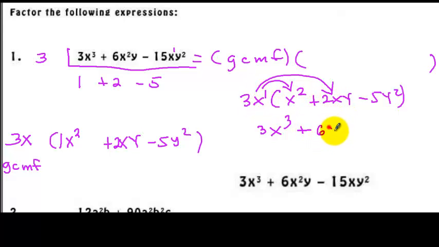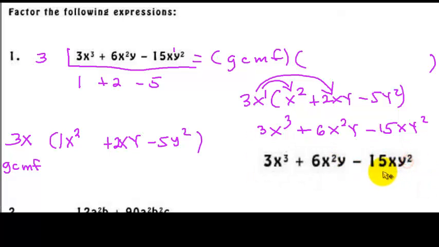X times x is x squared. And then bring down the y. 3x times negative 5y squared. So 3 times negative 5 first is negative 15xy squared. Now if you compare this, we got the original problem. So that's how we check our factors. So this will be our final answer.